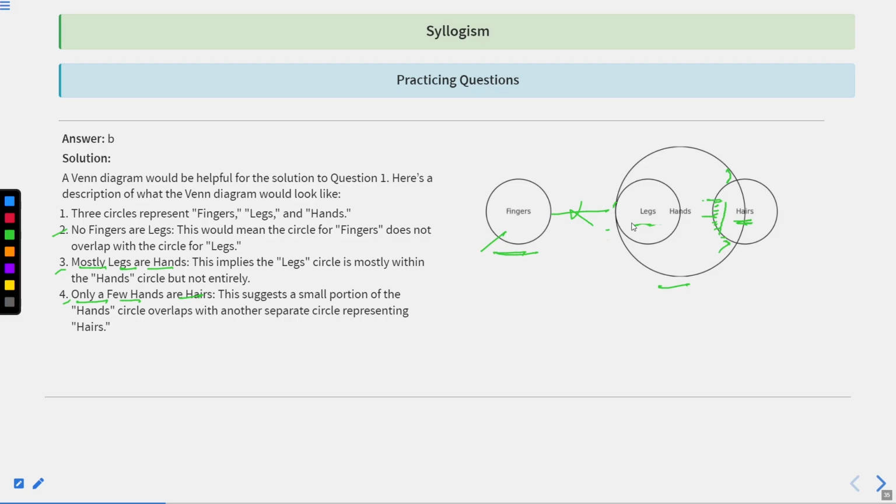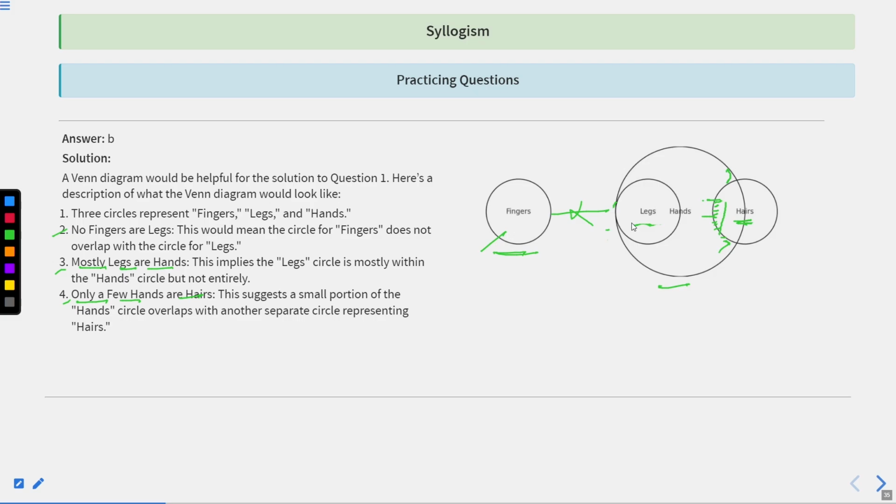Once you have drawn the Venn diagram, then go to the conclusion, see what the first conclusion is saying, and verify through the Venn diagram whether the conclusion inferred from that particular statement is true or not. So it is very important for you to understand that assumption should not be there.